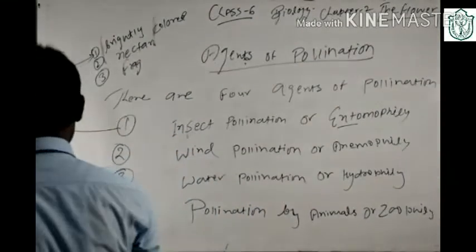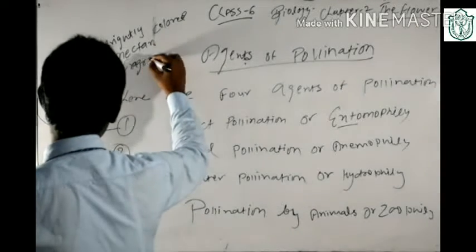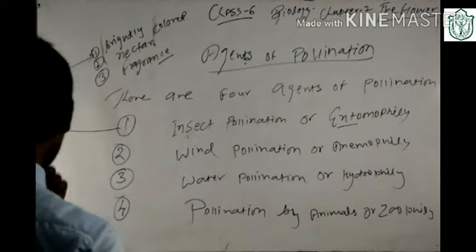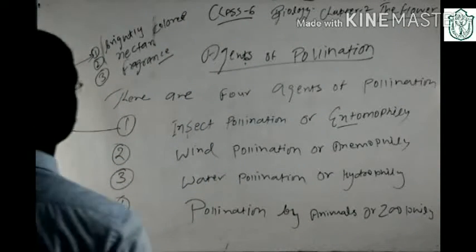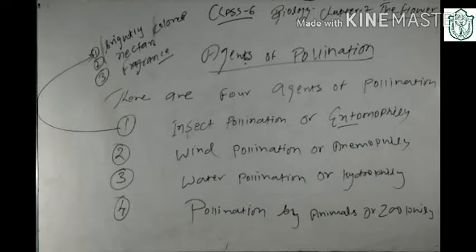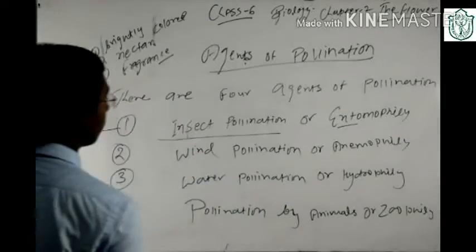These three characteristics a flower should have to get pollinated by insects.